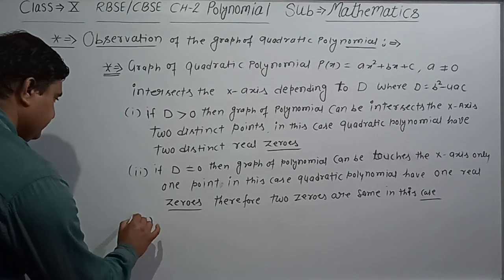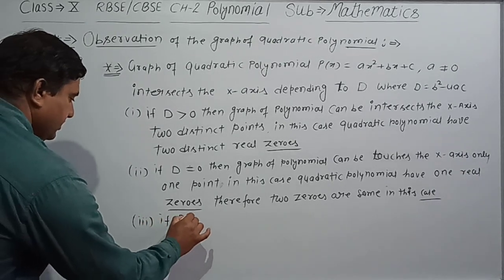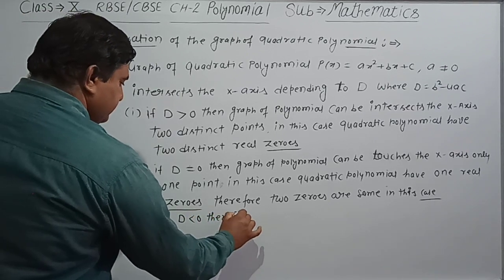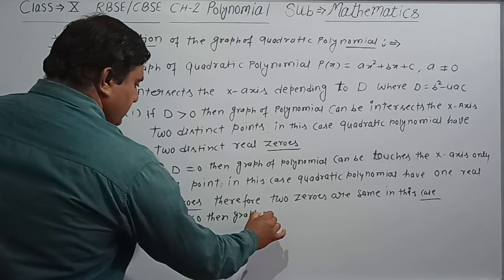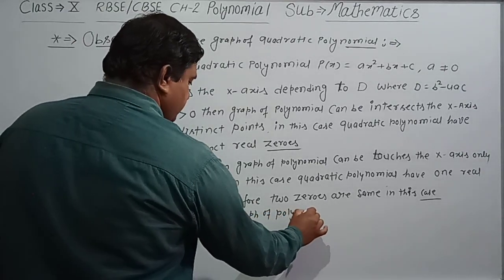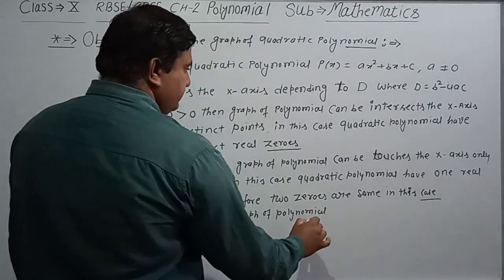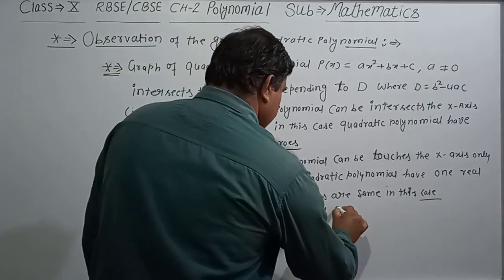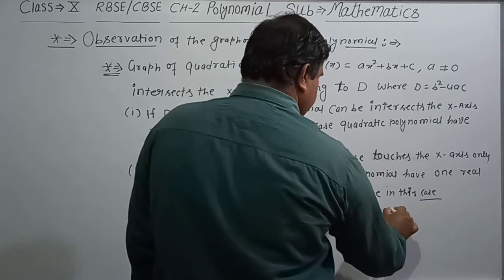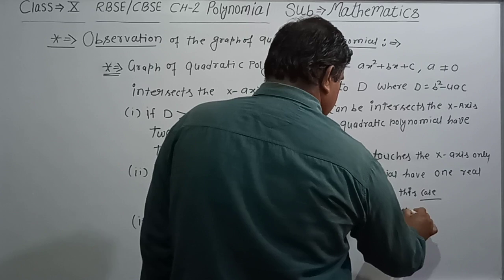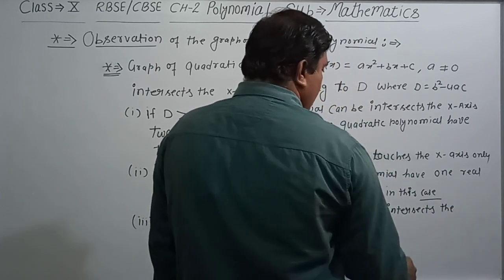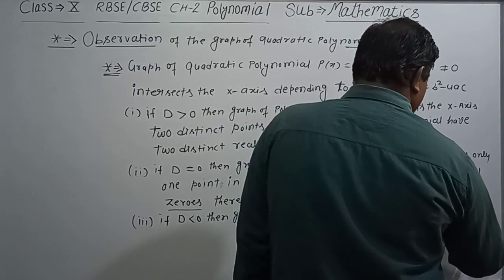Third, if D less than 0, then the graph of the polynomial cannot intersect the x-axis.